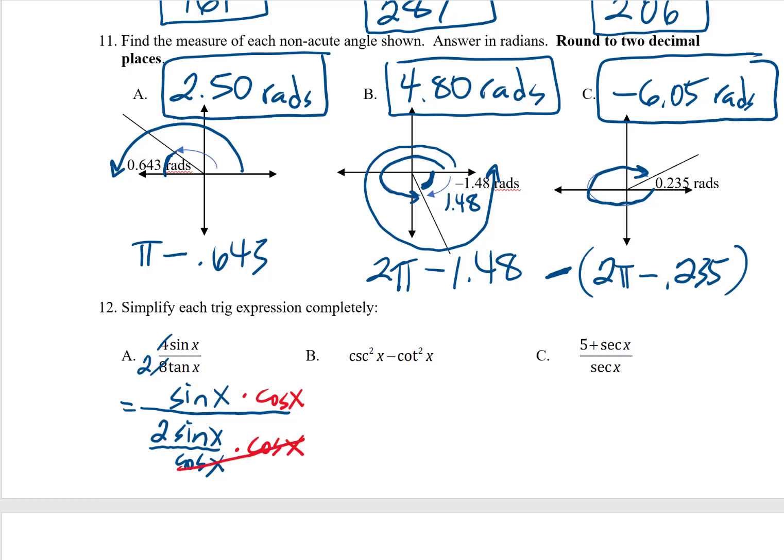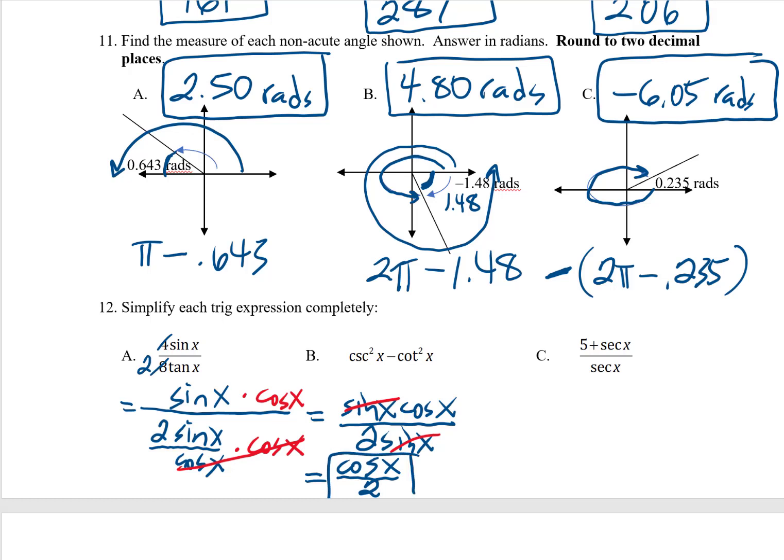These cosine x's will then cancel, giving me sine x cosine x over 2 sine x. Then the sine x's divide out, leaving me with cosine x on the top and 2 on the bottom. I don't have any way to get rid of the fraction there, so this is as good as it gets.